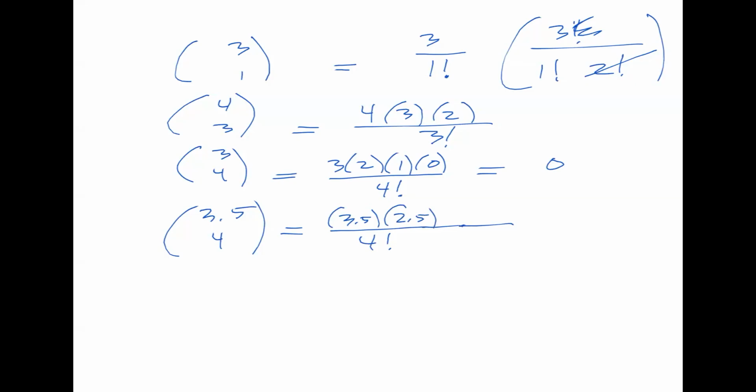And Isaac, what is 2.5 minus 1? 1.5, correct? And Colin, what is 1.5 minus 1? Correct. Good job. So that has 4 terms on the top. Each one of them is 1 less than the one before it, and you have 4 factorial on the bottom.